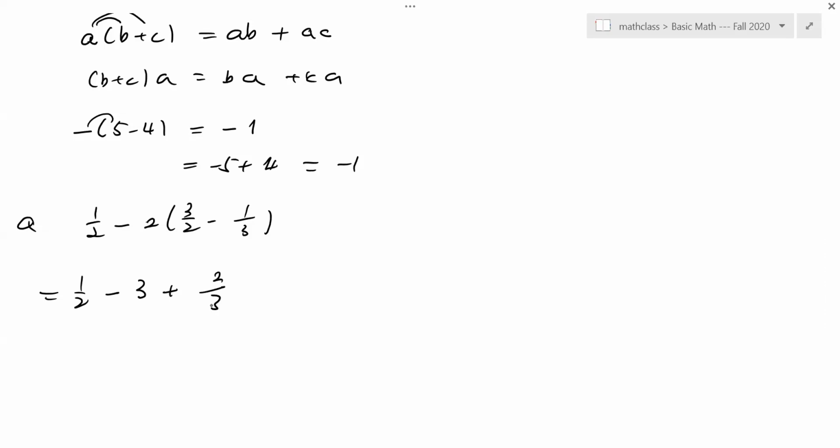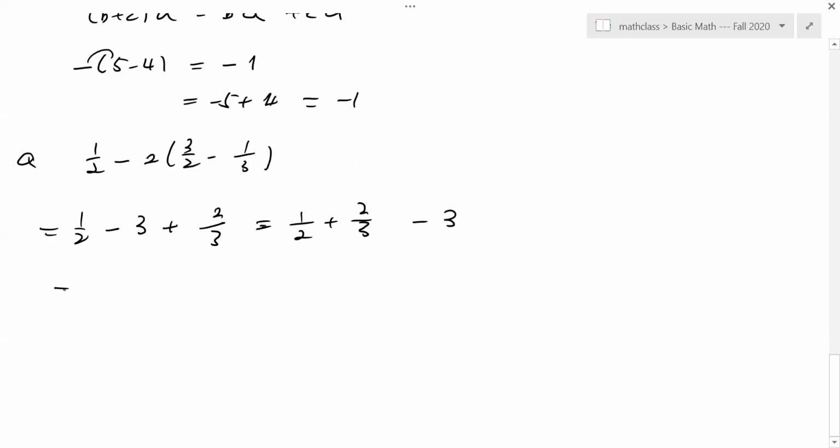Then what? You can keep a negative 3 here, but let's work on this. Minus 3, right? So you try to get a common denominator.